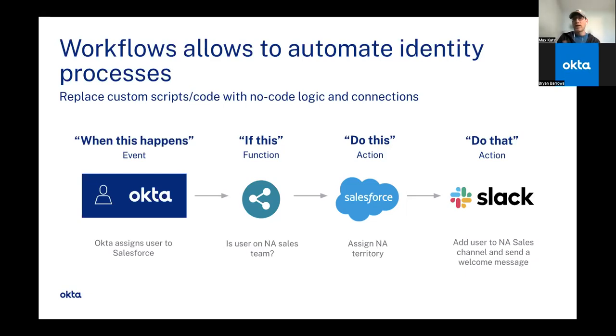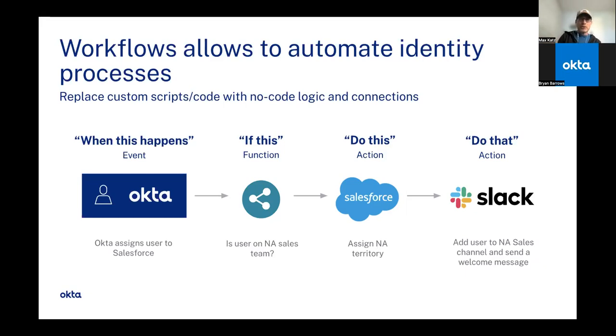And if yes, we will assign them to North America territory in Salesforce. And then we're going to also add them to a Slack channel for North America. But you can also send them an email, right? You can send their manager an email. You can do many other things. You can even send them an SMS message and welcome them.